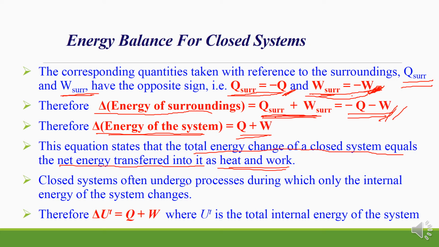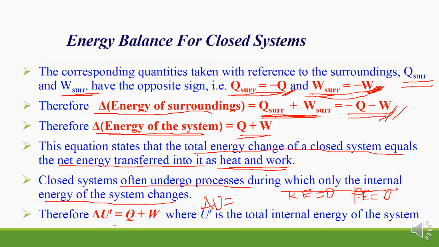For a closed system, often the processes undergone are those during which only the internal energy of that system changes. In a closed system nothing is moving, so kinetic energy is 0 and potential energy is 0 here, so you will get only internal energy.